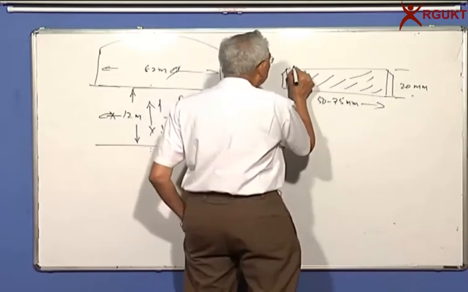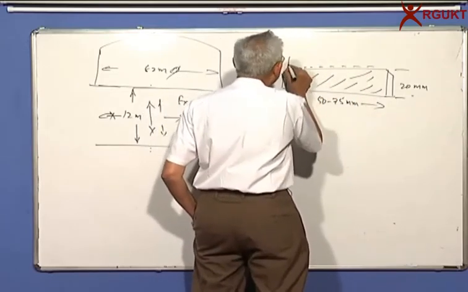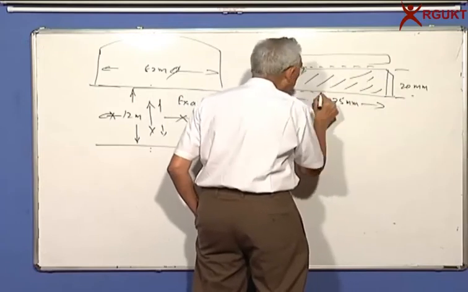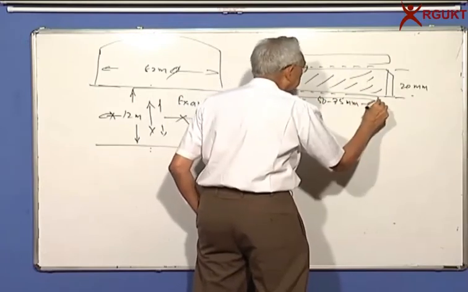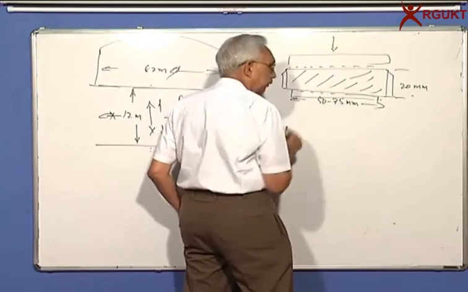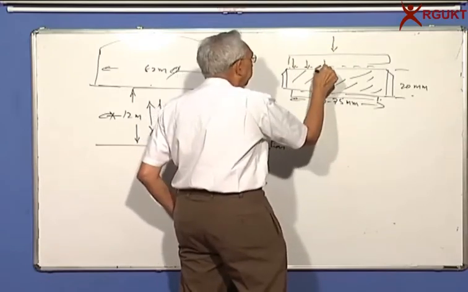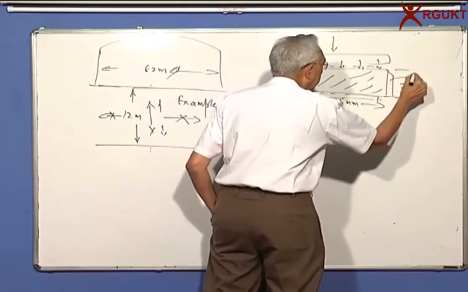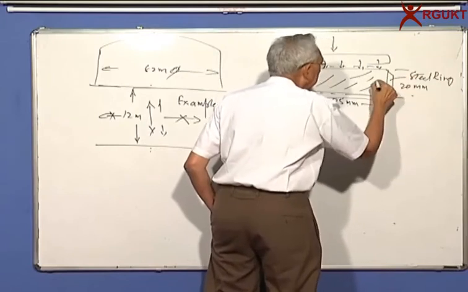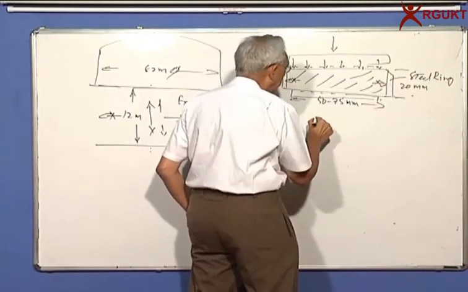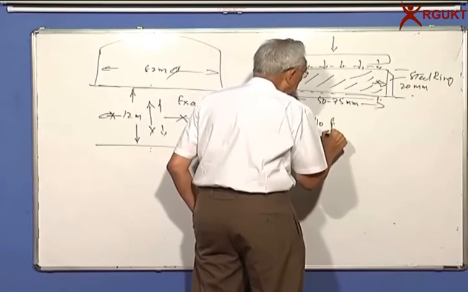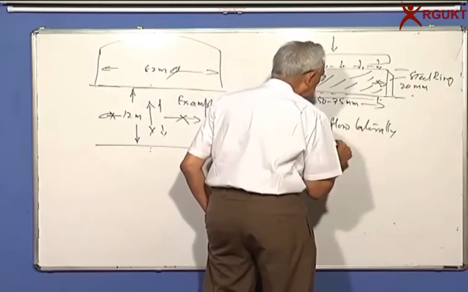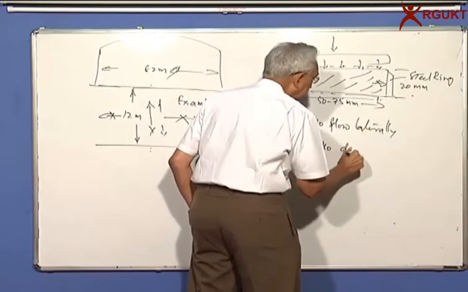Then what we do, we provide a filter paper and a porous stone, and a filter paper and a porous stone. And if you now apply the load, all the load is acting on the sample. Because of the steel ring, there is no flow radially and no deformation. No flow laterally and no deformation.